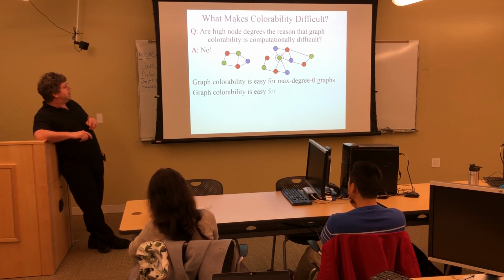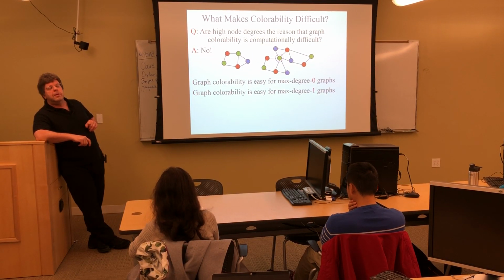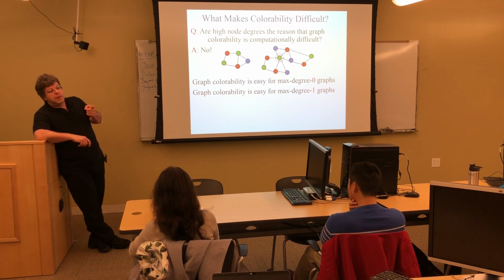Here's a less trivial example. If the degree is at most 1, is it 3 colorable? That's less trivial than 0, but not that hard to begin with. It's not necessarily even a forest, it's simpler than that.